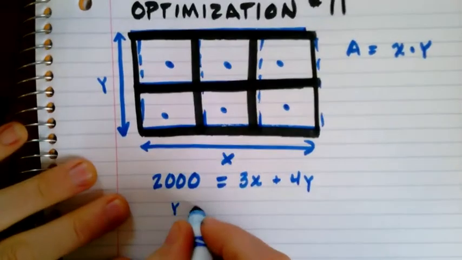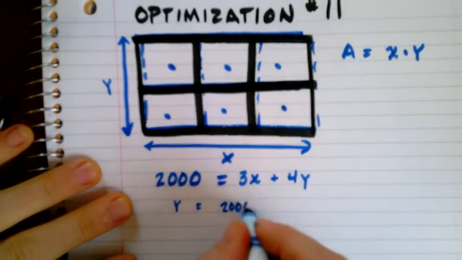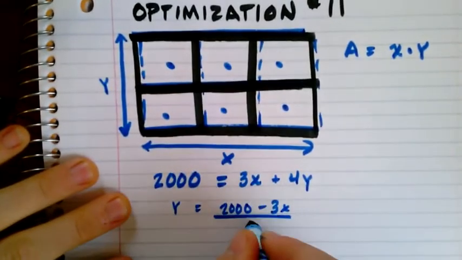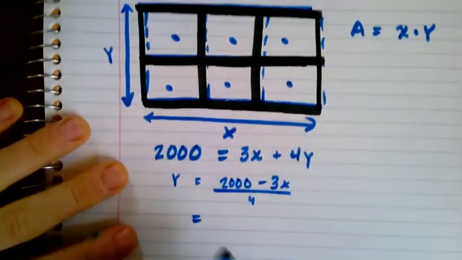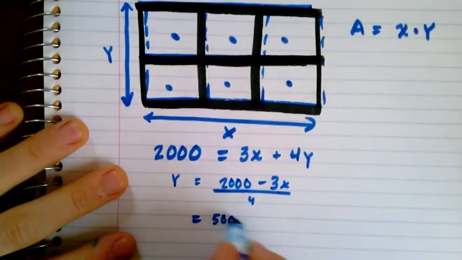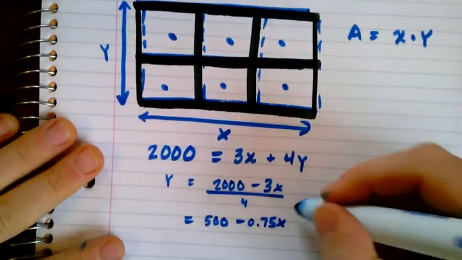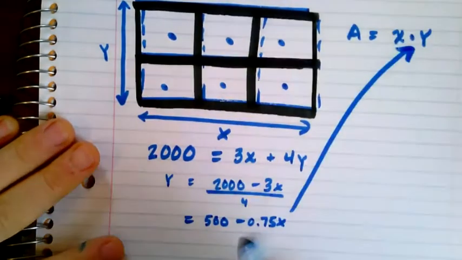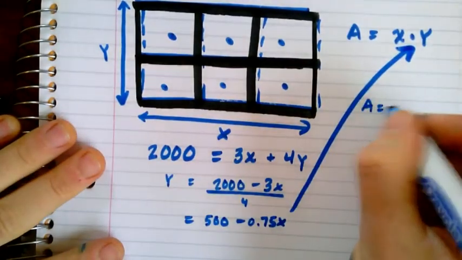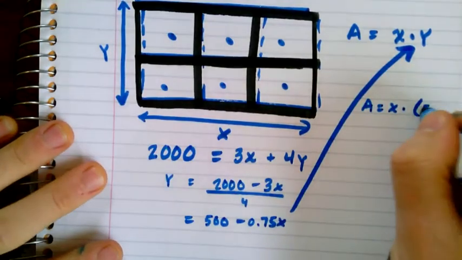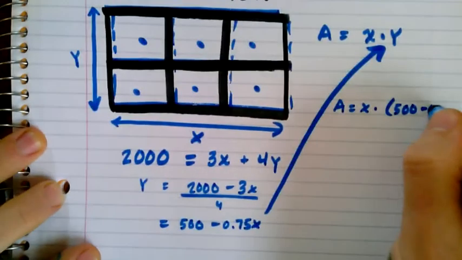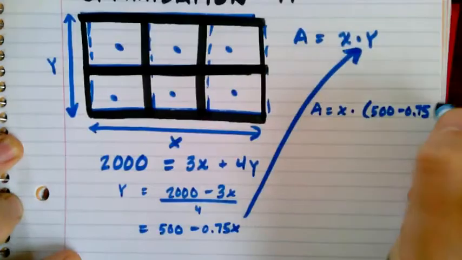So y would be equal to 2,000 minus 3x divided by 4. I'm going to go ahead and simplify that to 500 minus 0.75x, and then I'm going to plug it up here, and the area ends up being x multiplied by 500 minus 0.75x.